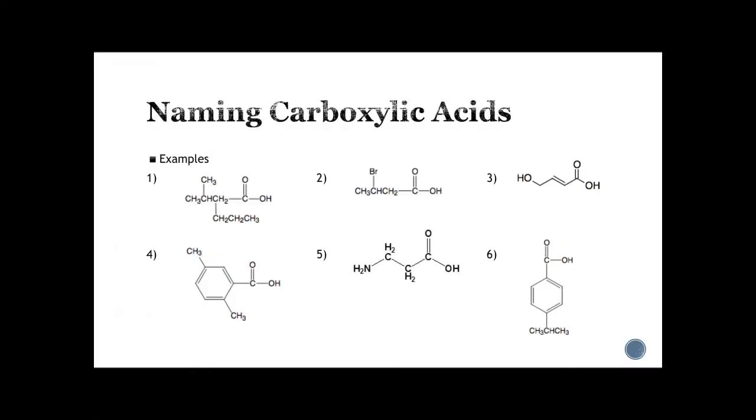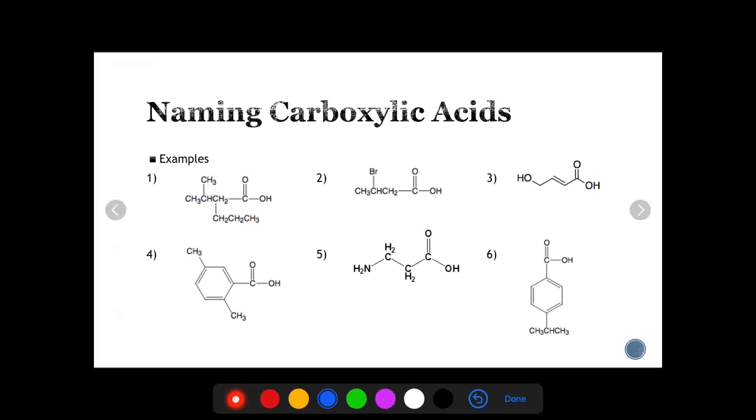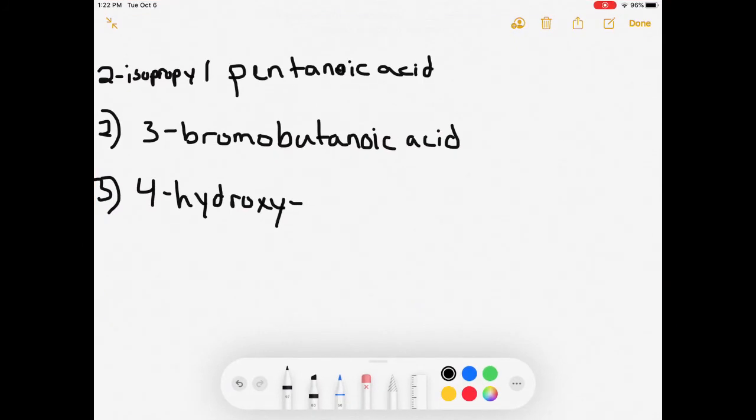The double bond is on the second carbon, so we're going to put 2. And then our carbon chain was 4 carbons long, so it's butane. But since we have that double bond, we have to change the A to E. That tells us we have that double bond. And then drop the other E, so it's not just butene. So we drop the E and put OIC, butanoic acid.